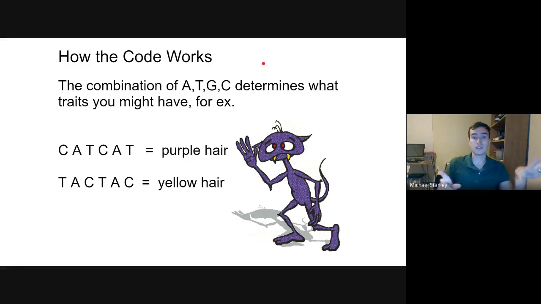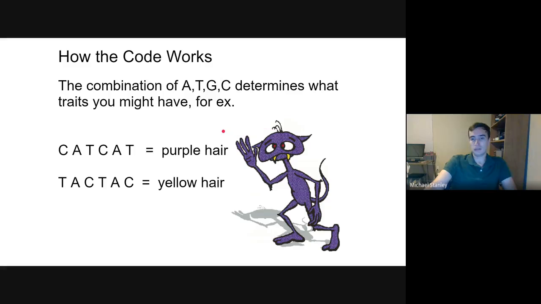So the genes in your DNA are segments that have a long stretch of DNA that's the code for a protein. And sometimes, depending on how exactly that DNA is set up, you can code for different types of proteins.